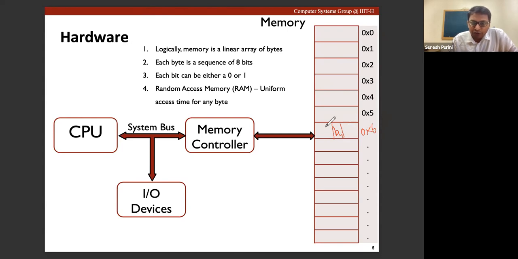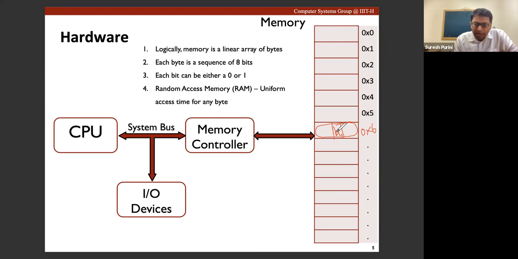So you need to fetch this whole byte, and from there, you will extract what this bit B4 is. This bit B4 doesn't have an address or a name by itself. It is part of this byte 6.